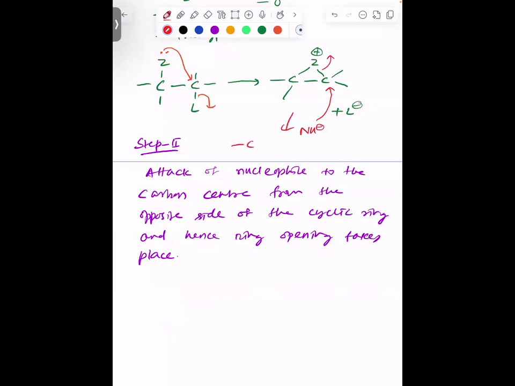So the product will be Z nucleophile. Here inversion happens twice: first, the neighboring group attacks from the side opposite to the leaving group to make the cyclic compound, and next the nucleophile attacks from the side where the leaving group was present. As the inversion takes place twice, the reaction goes through retention of configuration.